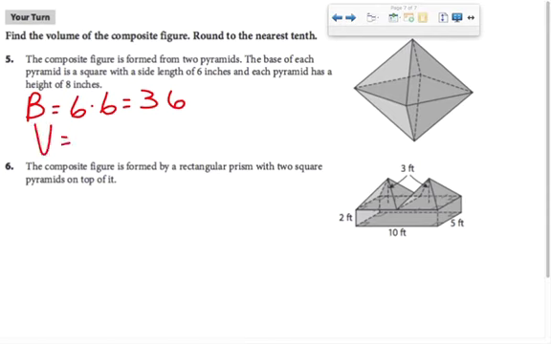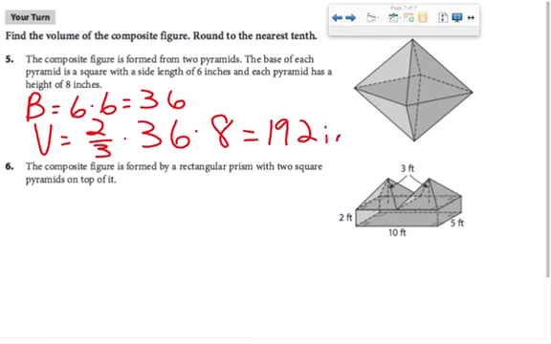The volume of one pyramid would be 1/3 BH. Since I'm finding the volume of 2 congruent pyramids, it's 2/3 times B times H, which is 192 cubic inches.